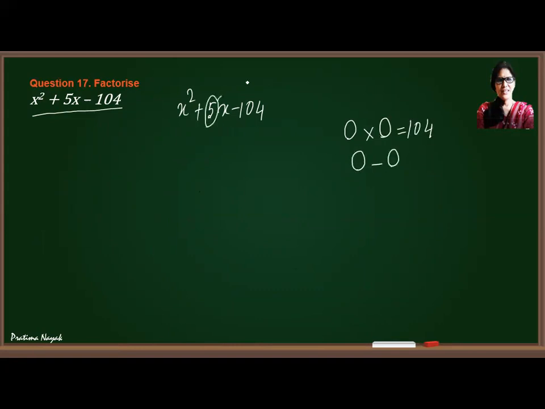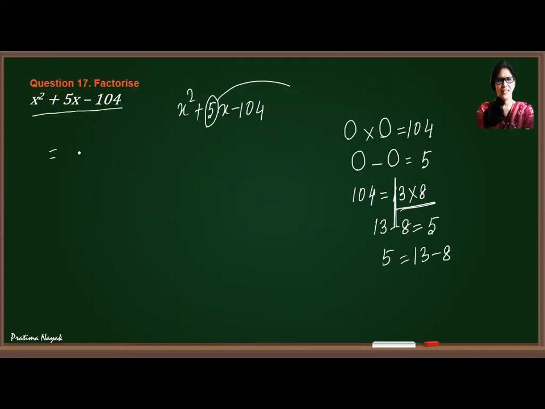We have to split 5 as a subtraction of two numbers. Can you think? Yes, you can. 104 is in the 13 multiplication table, 13 eight times is 104, and 13 minus 8 is 5. So I can break 5 as 13 minus 8.